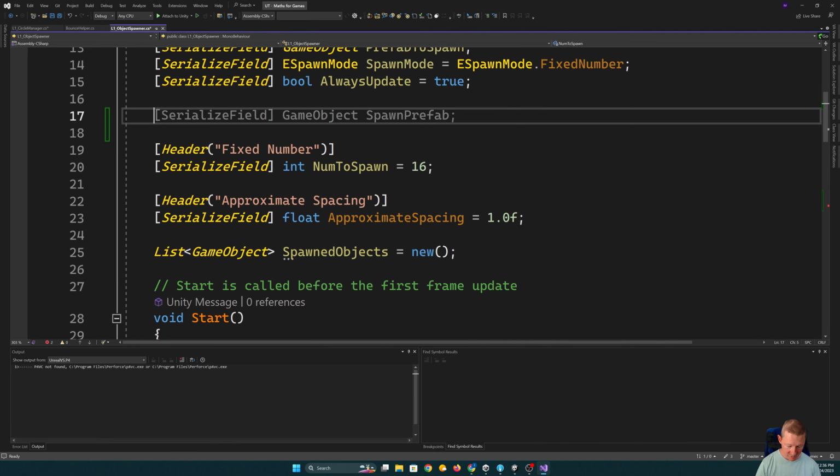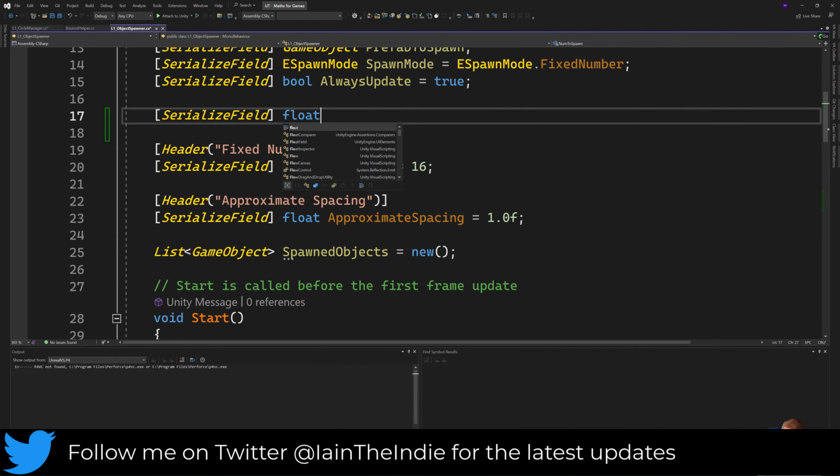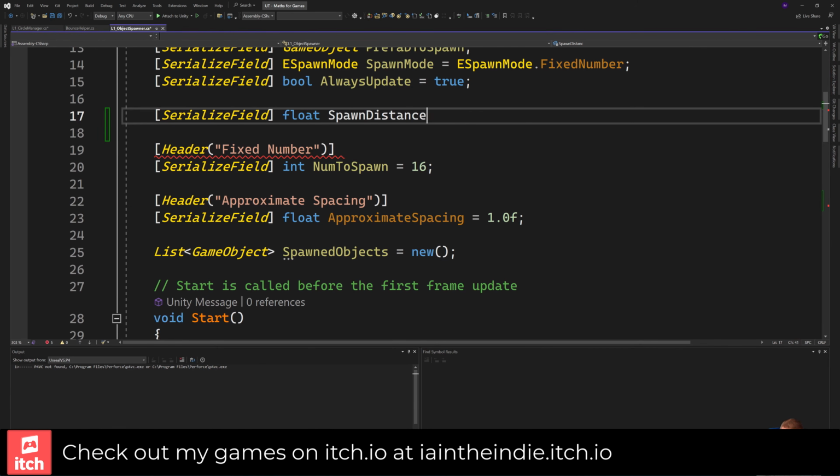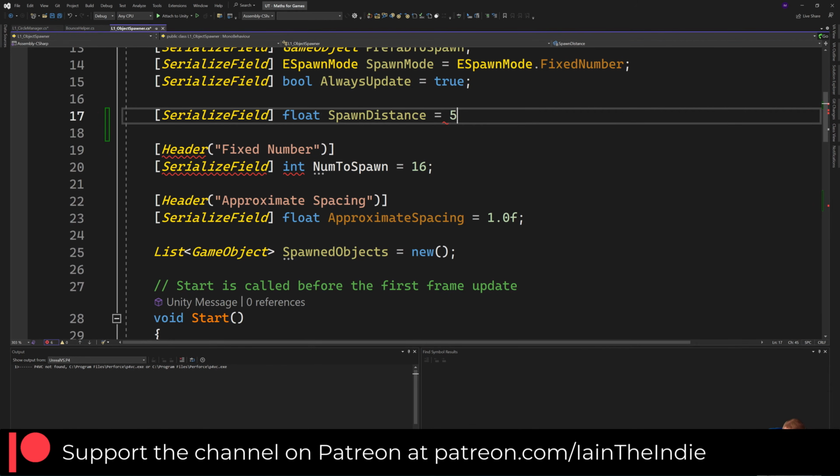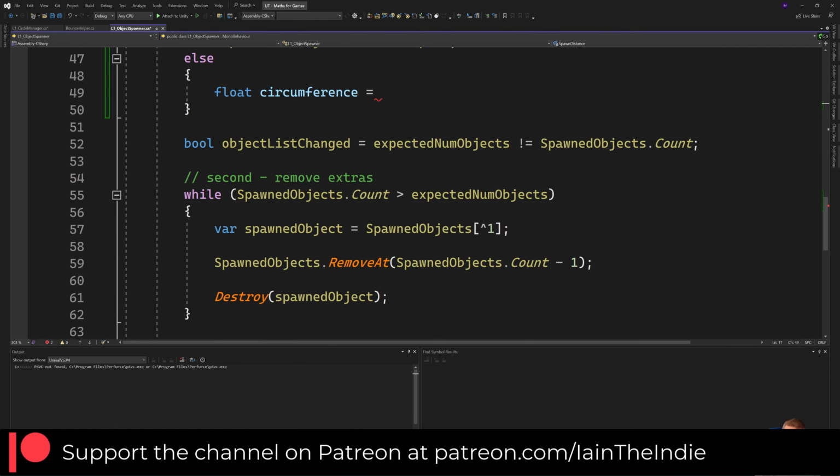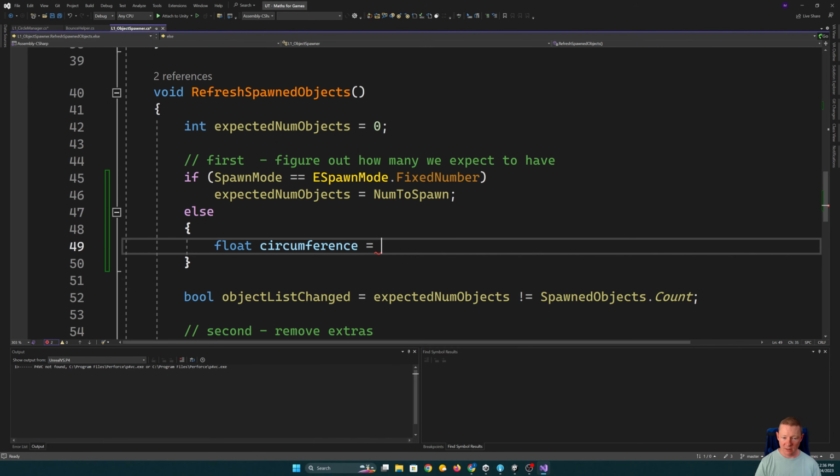So I'm going to set up a serialize field, float, and our spawn distance, which is our radius. We'll set that to 5 initially. For the circumference, there's a very specific way we calculate this. It is 2 multiplied by the radius and multiplied by pi. So that gives us our circumference.